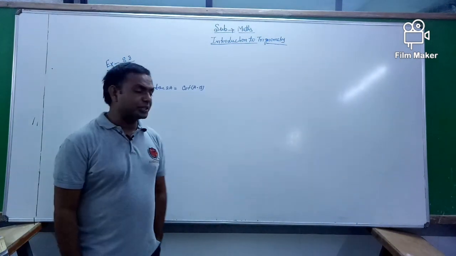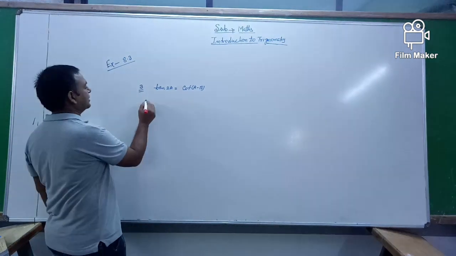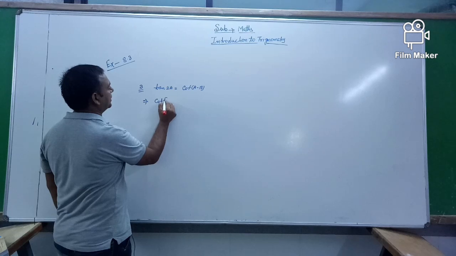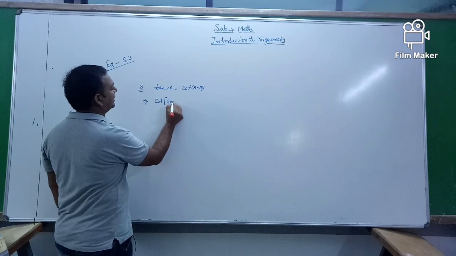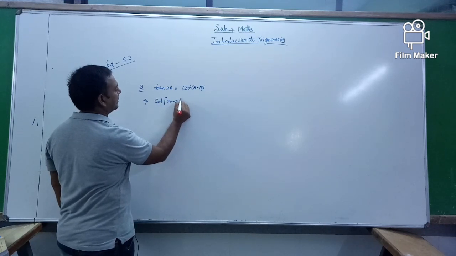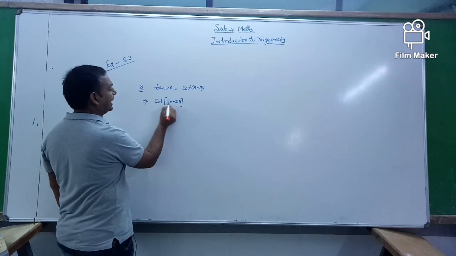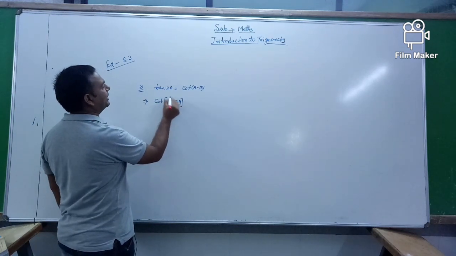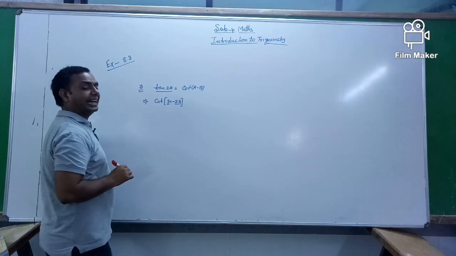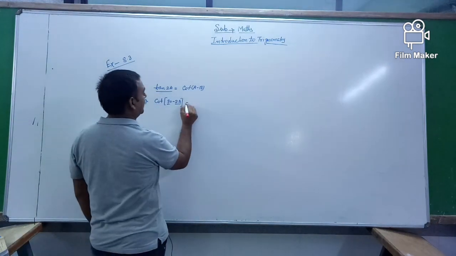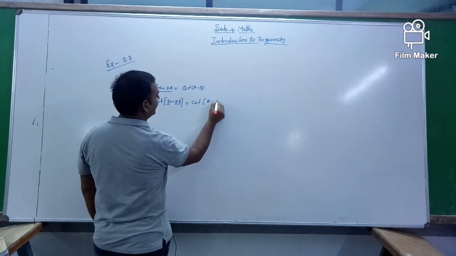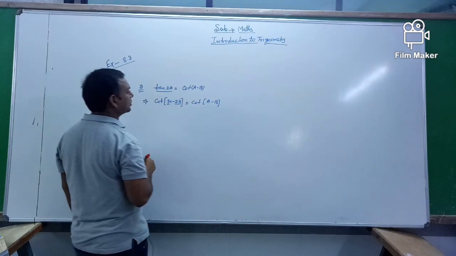If a is an acute angle, here I write down tan 2a, which means cot 90 minus 2a. You know cot 90 minus theta is tan theta. So cot 90 minus 2a is equal to tan 2a, and it is equal to cot a minus 18. You compare both sides.